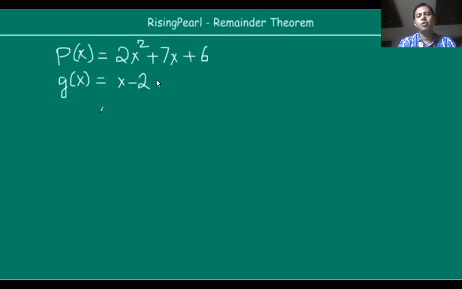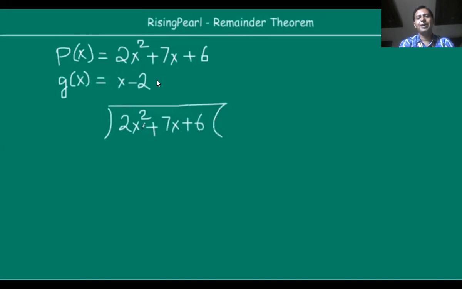So we are dividing a polynomial by x minus 2. First we'll divide it by the long division method, as we did in the previous class. We'll divide 2x square plus 7x plus 6 by gx, that is x minus 2.